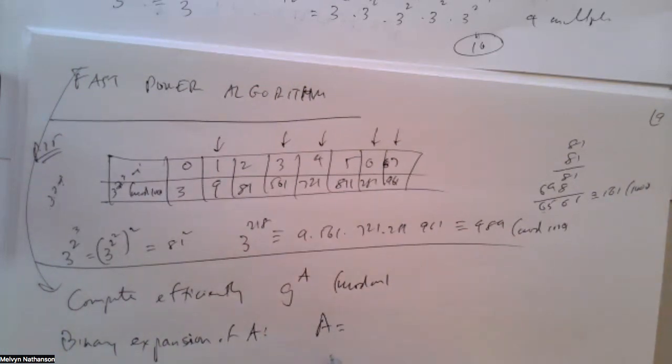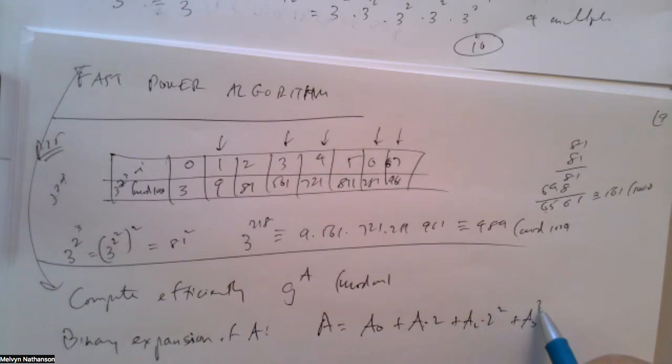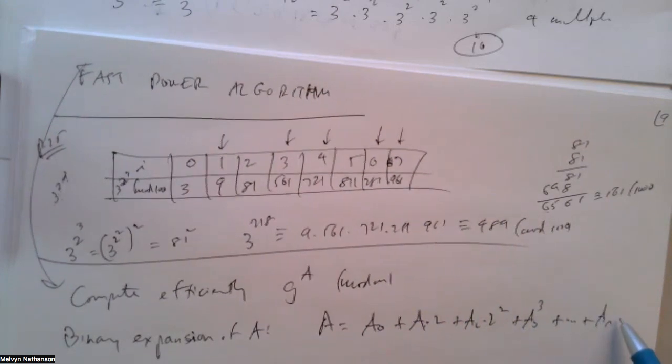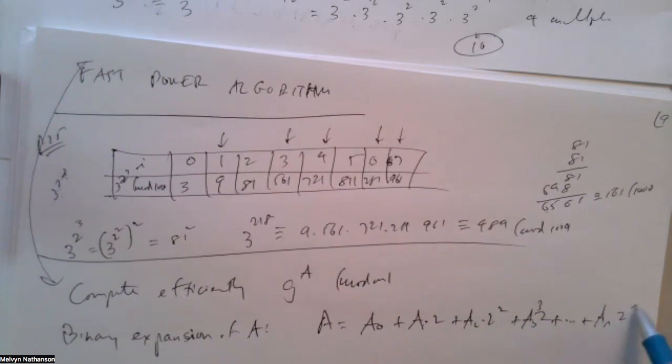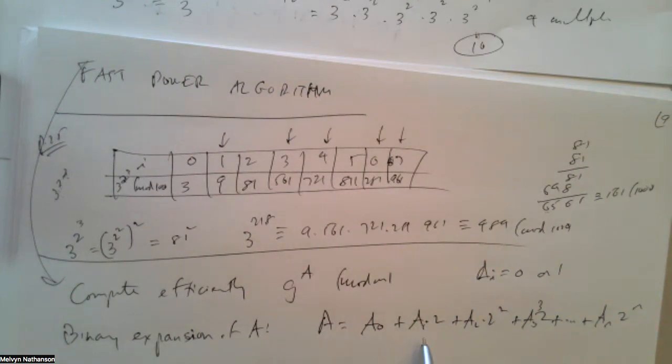So a is a sum of powers of 2: a0 plus a1 times 2 plus a2 times 2 squared, a3 times 2 cubed, and so forth, up to a sub r times 2 to the r, where the ai's are 0 or 1, right? So if a power of 2 appears in the binary expansion of a, then the coefficient is 1. If it doesn't appear, the coefficient is 0.